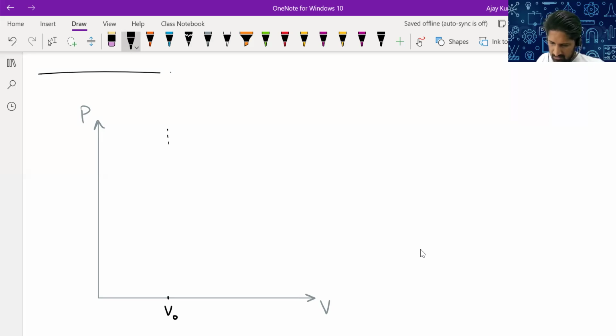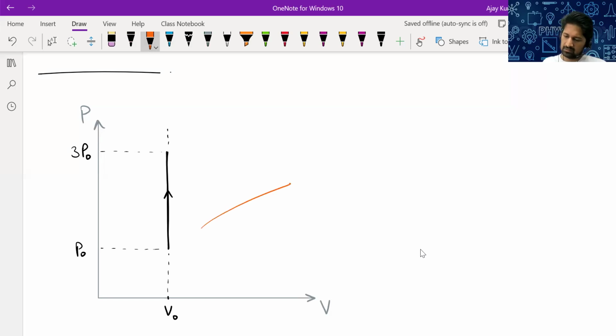Let's say the pressure increases from an initial value P naught to a final value, say 3 P naught. You can see the direction in which the process is carried out. And see, the graph is a straight line parallel to the y-axis. So there will be no area between the graph and volume axis at all.